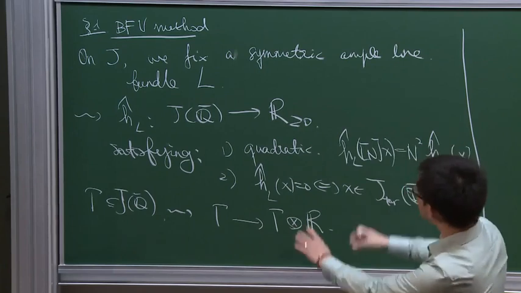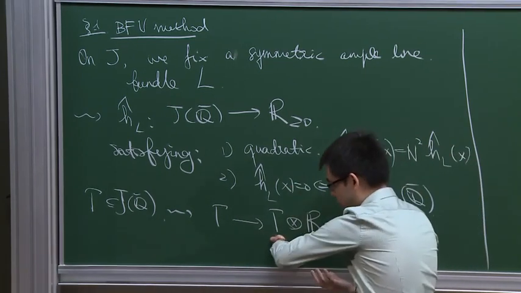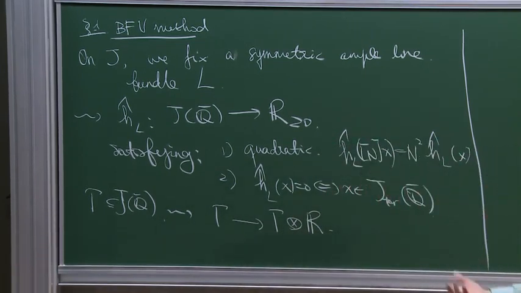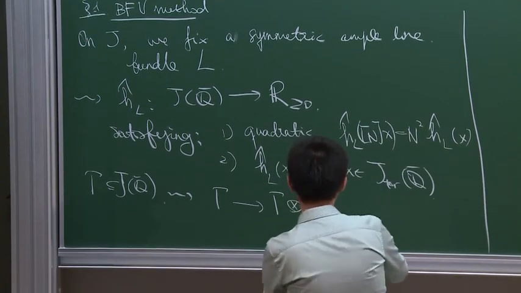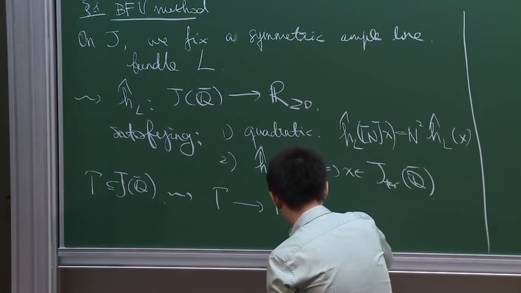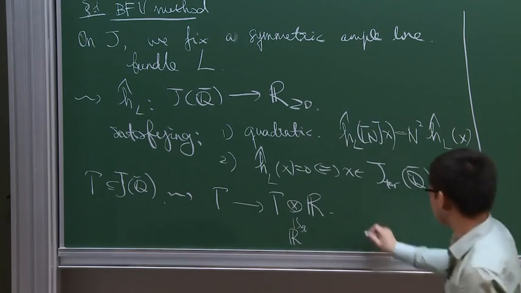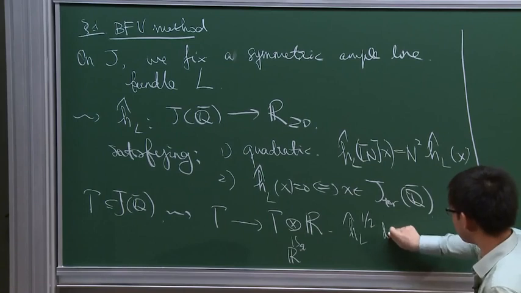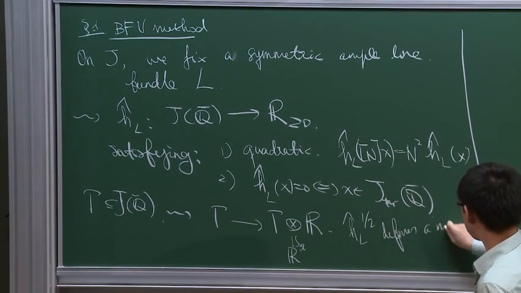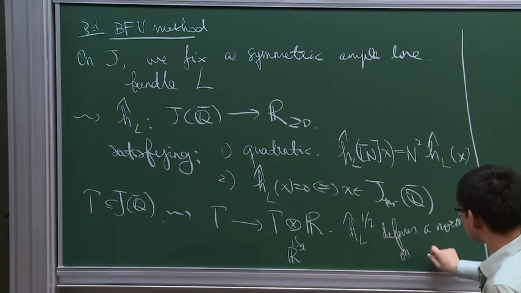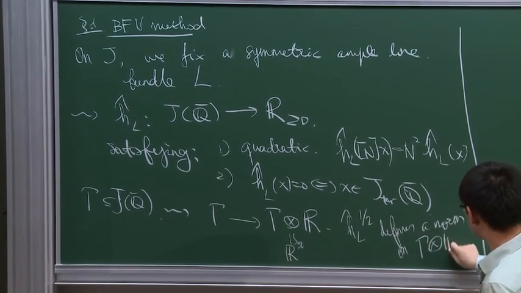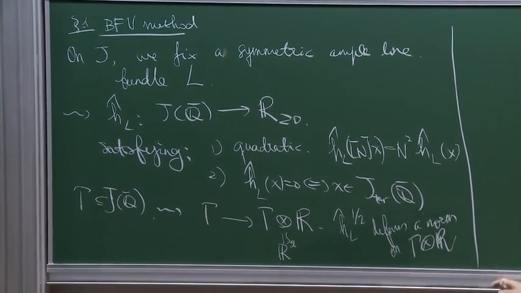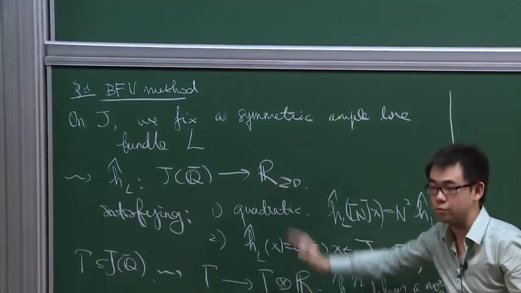So actually, in terms of the height function and this gamma mapping to gamma tensor R, we're losing the same kind of information, so we can use it to study this. And it is known that this is just R^r, and the square root of h-hat L defines a norm on it, just by the linear extension of this function.